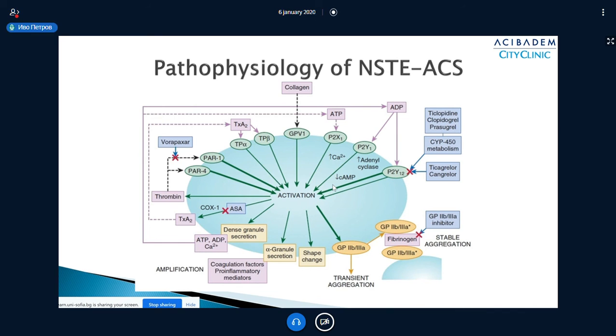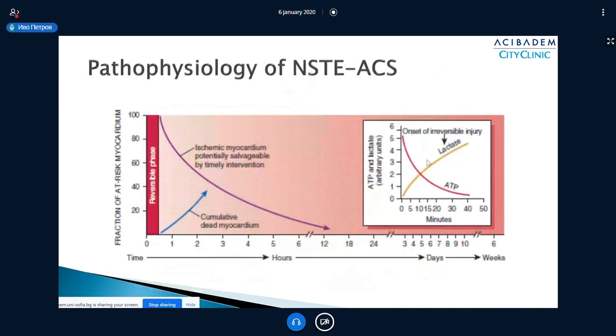So after comparing the results between the percutaneous approach, the so-called primary PCI, primary percutaneous coronary intervention, with stenting and the application of antiplatelets and anticoagulants, the balance went toward primary PCI.